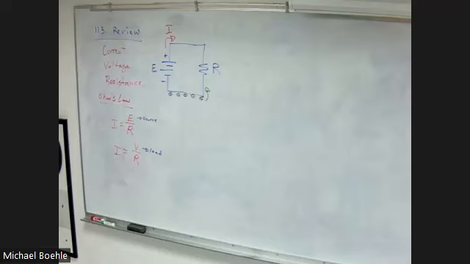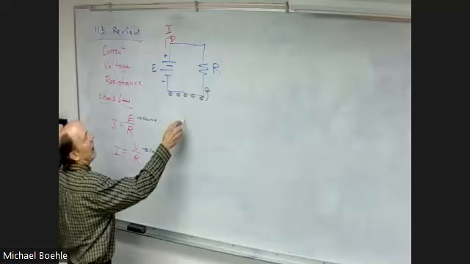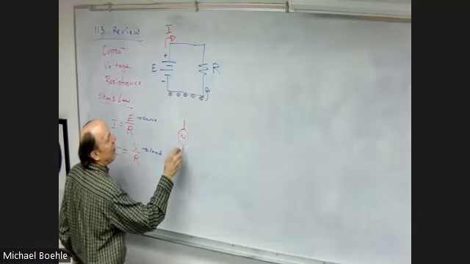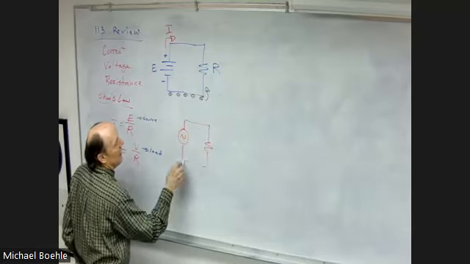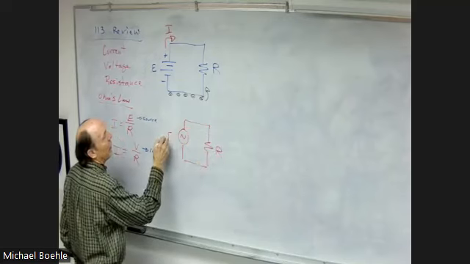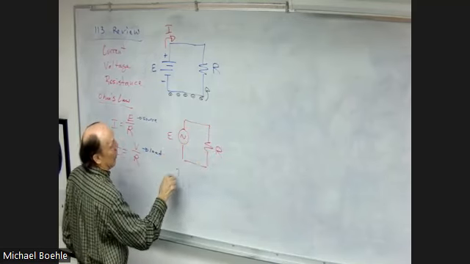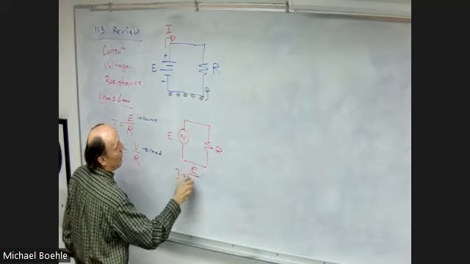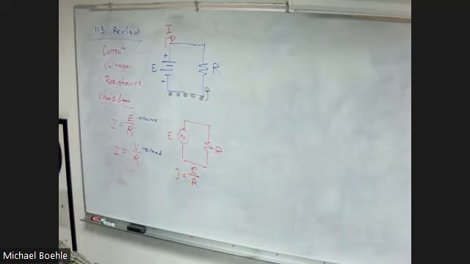It's all exactly the same. This won't get complicated until we add in capacitors and inductors. So if I say, well, what if it's an AC source? There's a resistor, there's a voltage. Well, guess what? The current will still be voltage divided by resistance. Doesn't matter.